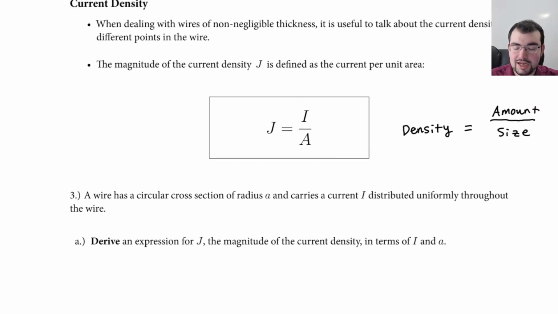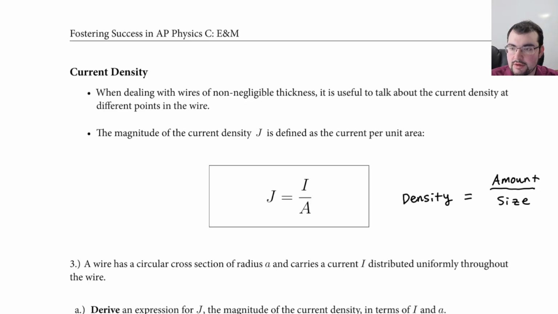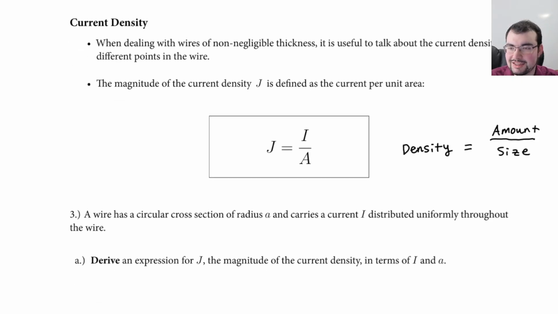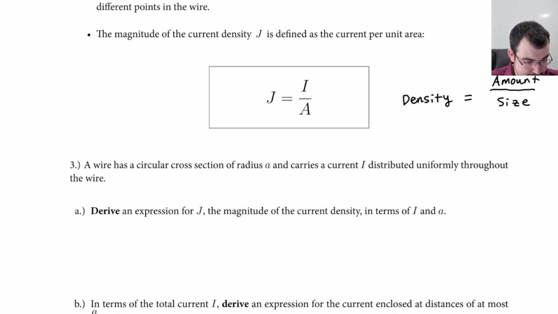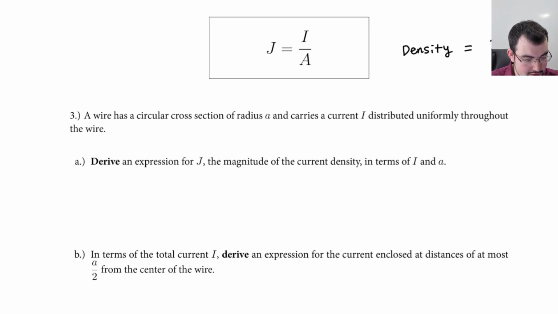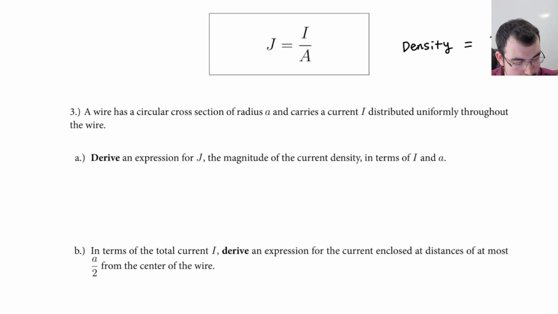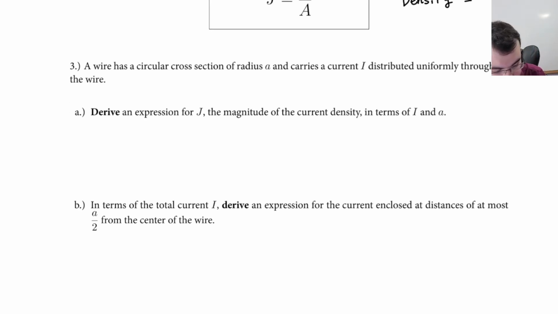The most common type of density we'll see involves the current density inside a cylindrical wire. Most wires are cylindrical. So a wire has a circular cross-section of radius a, and it carries a current I distributed uniformly throughout. And we want to find what the current density is. So this is our wire, and it says we have a uniform current per area.